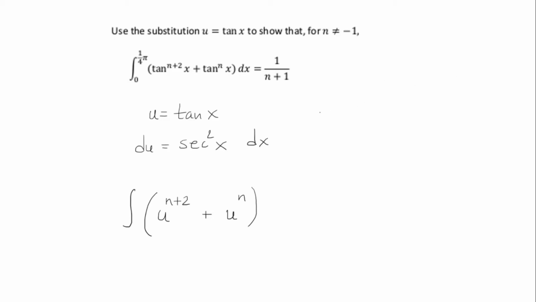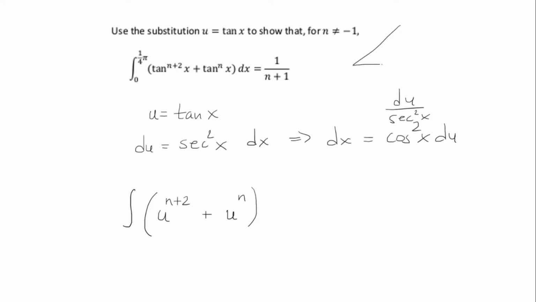Okay, so if I were to solve for dx, that would be cosine squared du, because I would have du over secant squared, and 1 over secant squared is just cosine squared. Okay, but now that's not in terms of u.